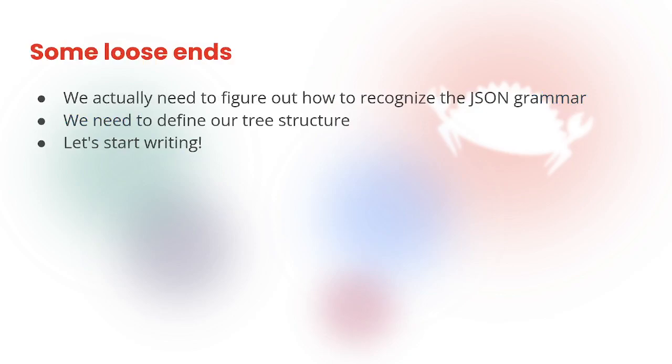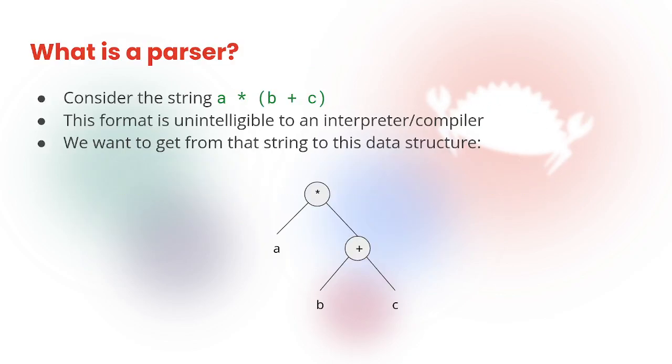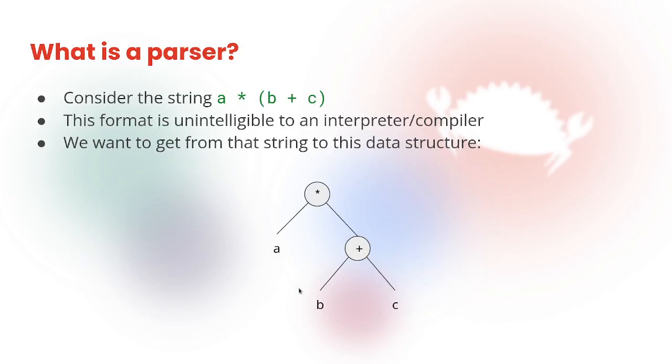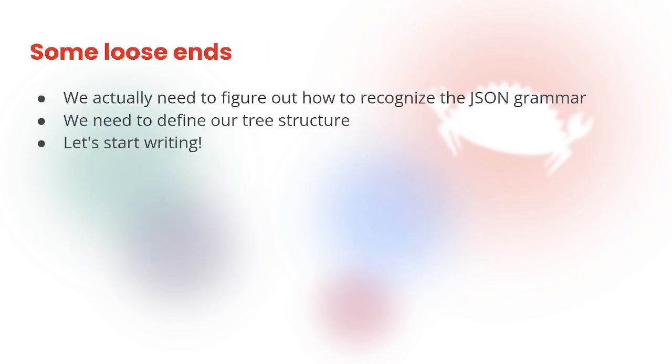And then we need to define our tree structure, right? Over here, our tree structure was arithmetic operators, the asterisk, the plus. But how can we do that for JSON? Well, I guess we could have open curly brace, closing curly brace, and stuff inside, but how can we represent that as a tree? And that's pretty much it.